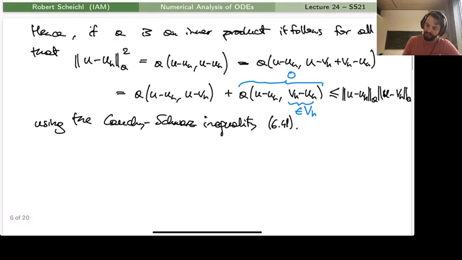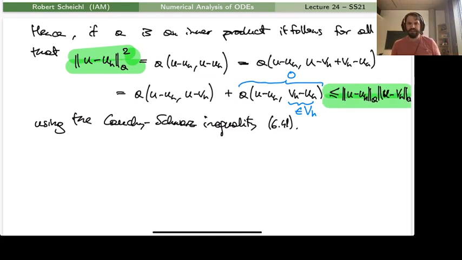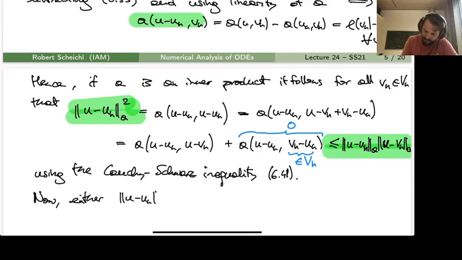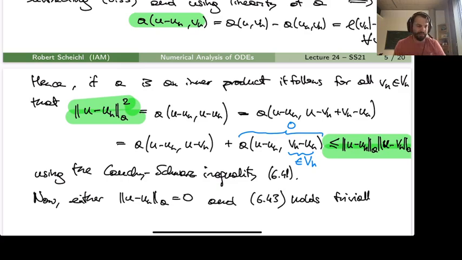Okay, now what have we proved? We have shown that the square of the energy norm of the error is less than or equal to the energy norm of the error times the energy norm of u minus v_h for any v_h in V_h. So either u minus u_h in the A norm is 0, then the fact that u_h is the best approximation holds trivially, because obviously we can't approximate better than by having a 0 error.